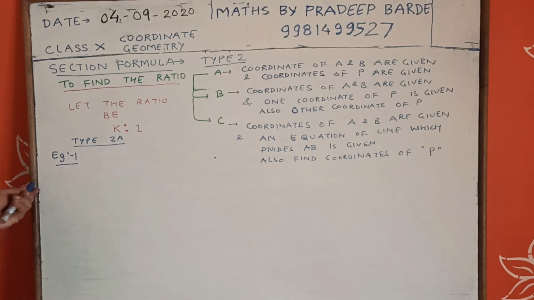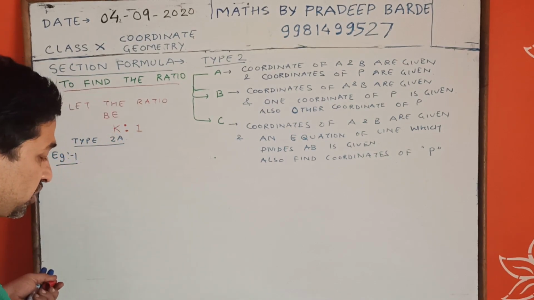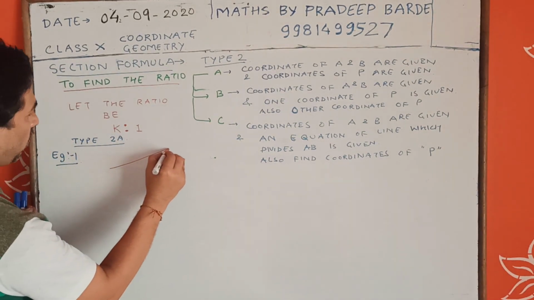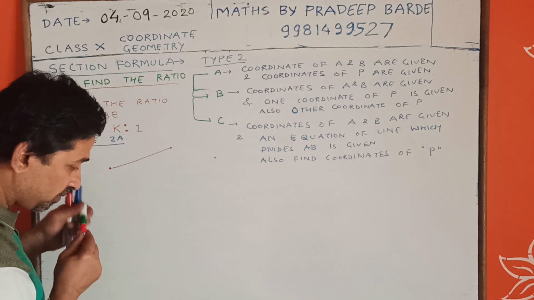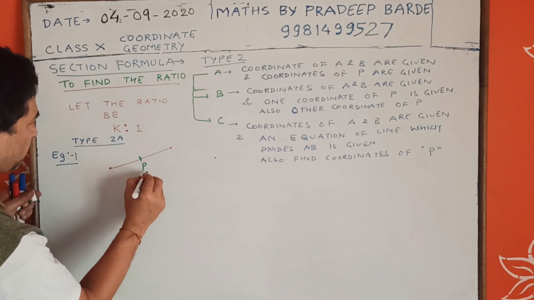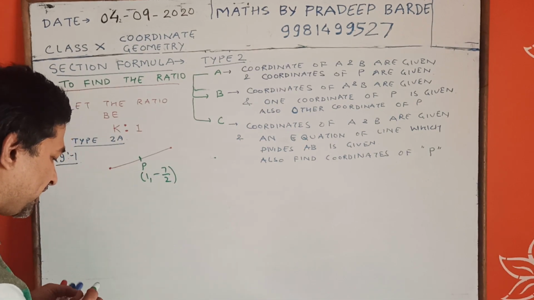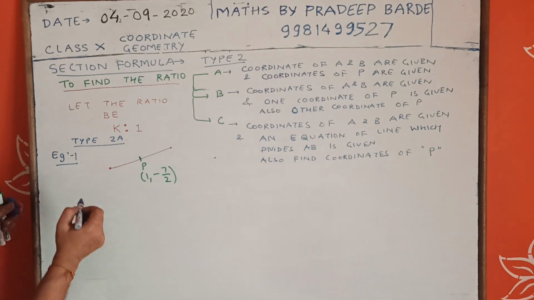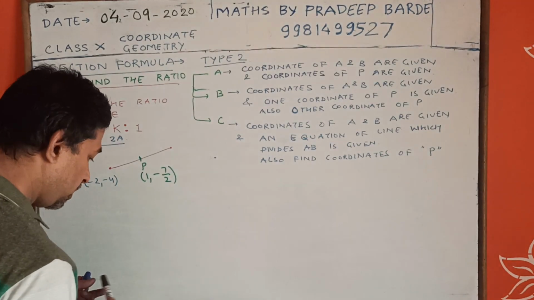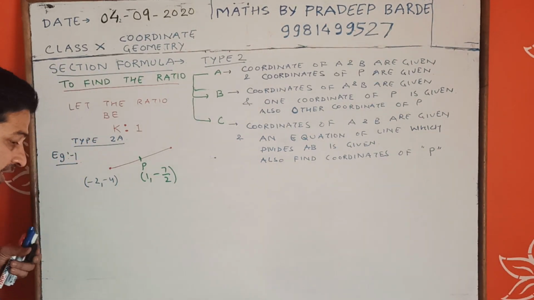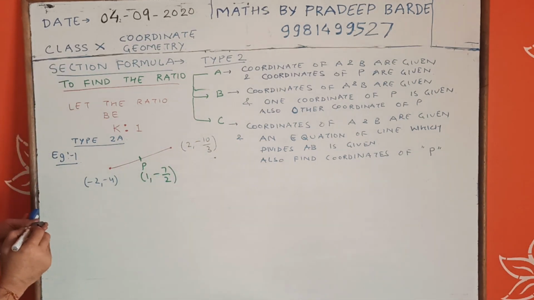So let's take one example based on type 2A where coordinates of A and B are given. So the question is, in what ratio does the point 1 comma minus 7 upon 2, so this is the point P whose coordinates are given as 1 comma minus 7 upon 2, divide the join of minus 2 comma minus 4 and 2 comma minus 10 upon 3.